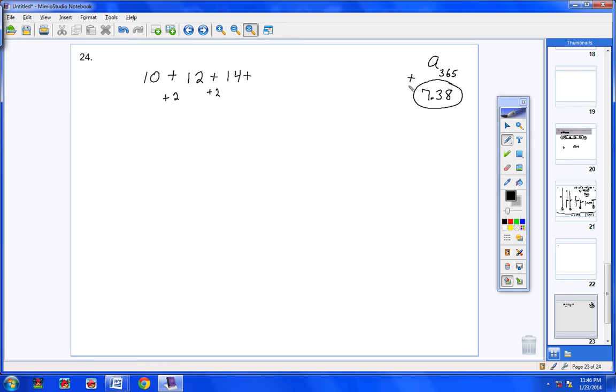Well, remember, I have an arithmetic series, so I have a formula that helps me find the sum of an arithmetic series, and the formula looks like this. I have to know the first term, and I have to know the last term.